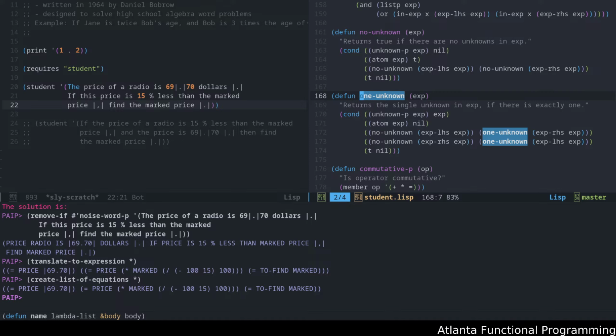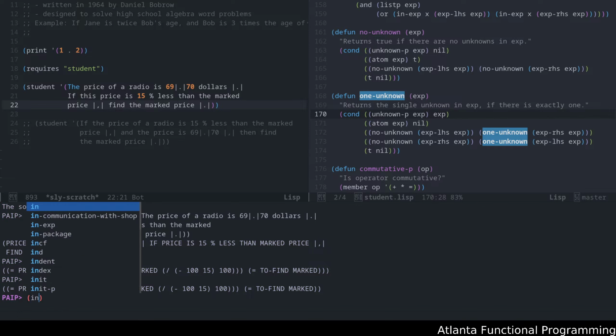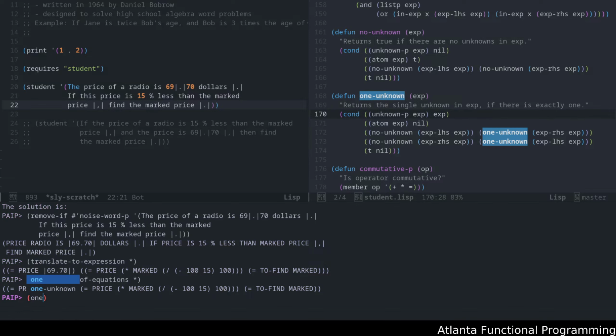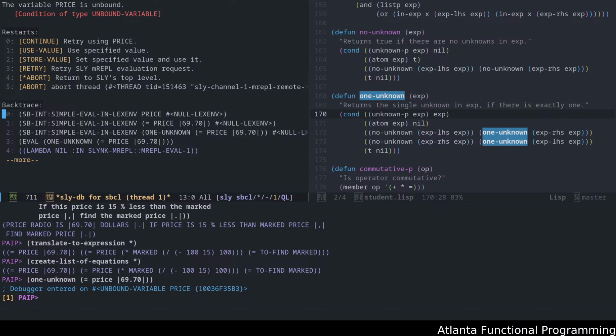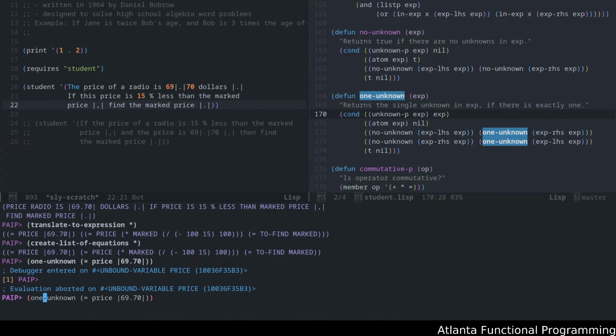It returns the single unknown in the expression if there is exactly one. So let's take one-unknown for the expression, say, equals price 69.70. What happens? Oh, sorry, I have to write this as a list because this is not a single expression yet. There we go.